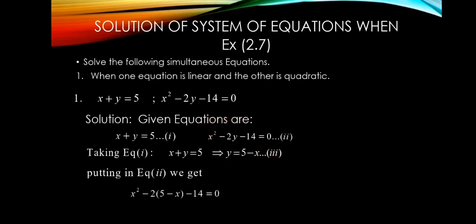We get x square minus 2 into (5 minus x) minus 14 is equal to 0. The equation we just obtained is the quadratic one, and it can be solved by using the factorization method. After factorization, we get (x plus 6) into (x minus 4) is equal to 0. Applying the zero product property, we get x is equal to minus 6 and x is equal to 4.